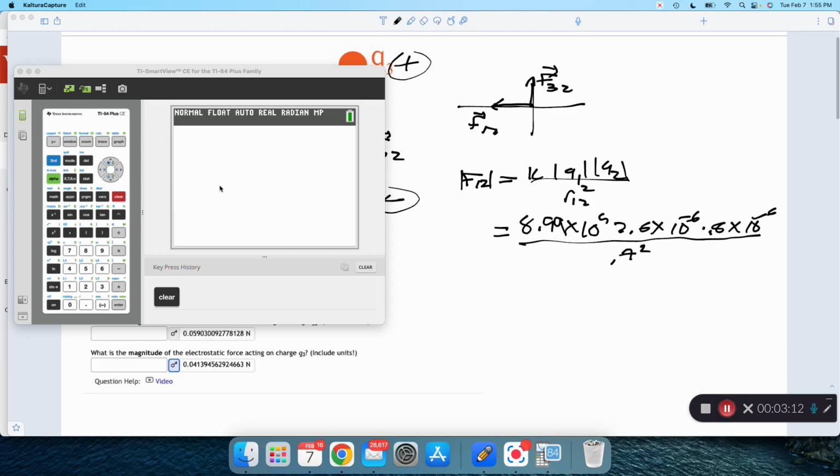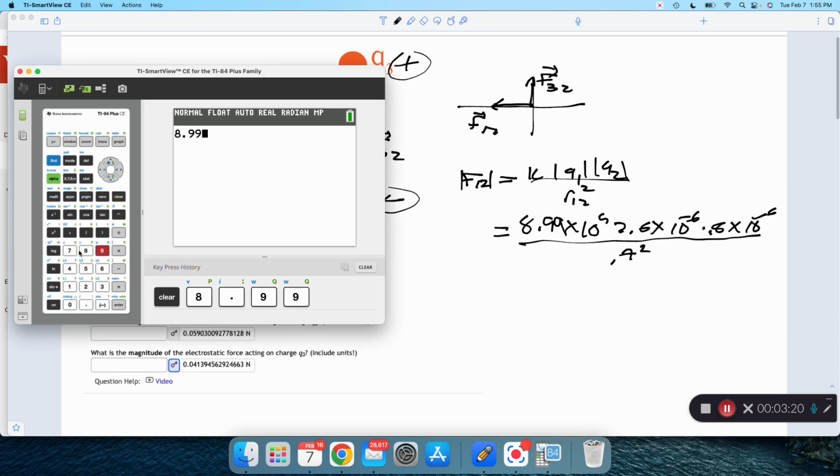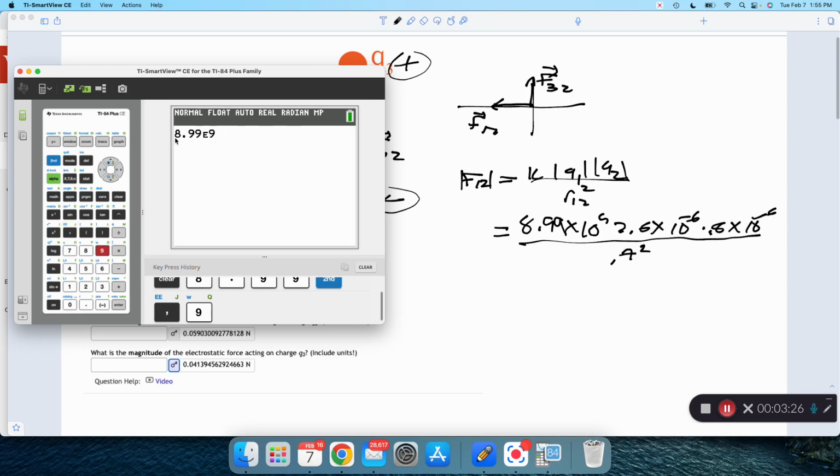Okay, we're going to type all that in our calculator, 8.99. Now, to do scientific notation, we're going to use the EE button here. So, second EE, 9. That means times 10 to the 9th. Times 2.6 EE negative 6, not minus 6.